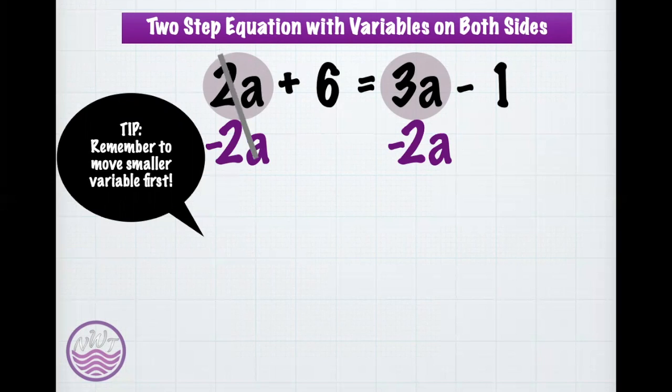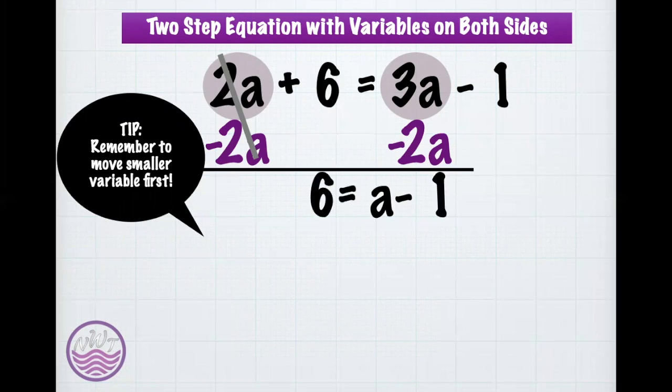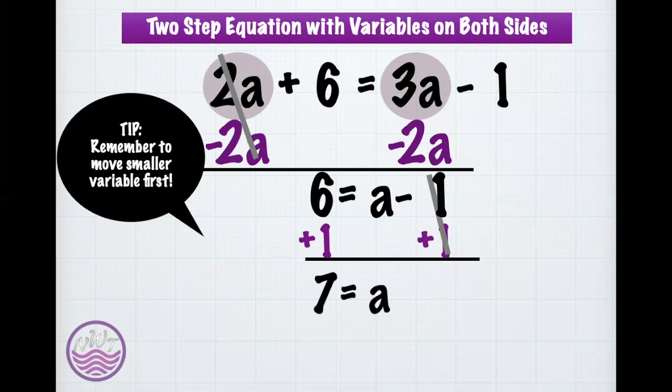Those 2a's will cancel, and you're left with 6 equals 3a minus 2a, which gives you a, and then minus 1. It's not necessary to write the 1 in front of the a. So now you have a simple one-step equation just by that first thing you did. I'm going to add 1 to both sides, and I end up getting a equals 7.